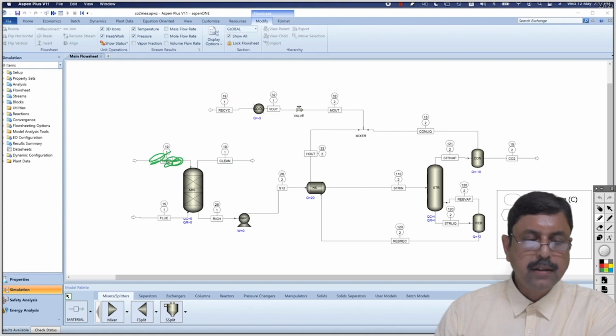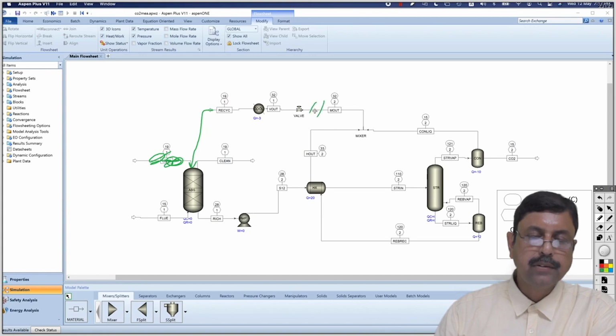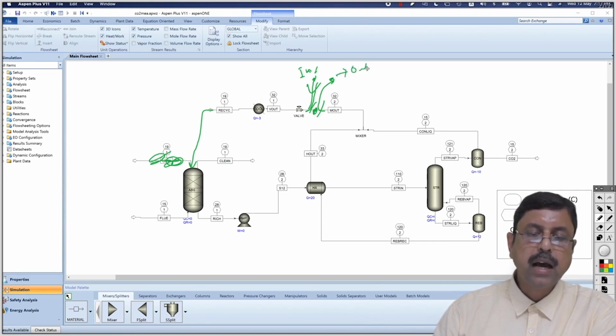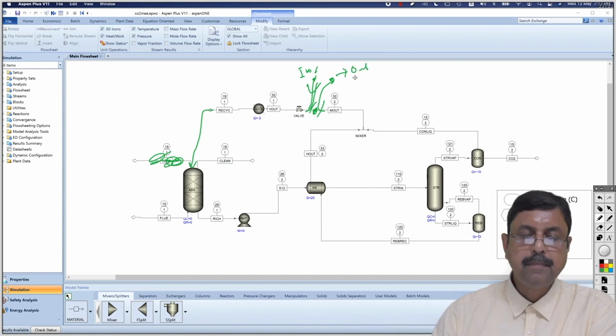For instance, suppose you delete this stream and recycle it back, and then you can tear this particular stream. That means this is an inlet stream and this is an outlet stream. This is in, this is out, there is no connection between them. And you can manipulate the inlet stream and its condition in such a way that the condition of the outlet stream is the same.